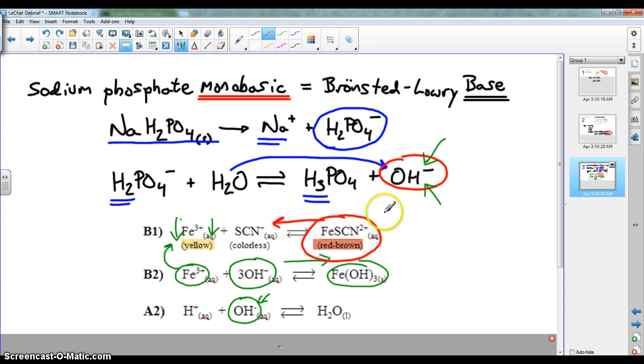So here is a case where we have three different competing equilibria, three things going on because of a change in pH instituted by a Bronsted-Lowry base, a material that absorbs a hydrogen ion from solution, but again, importantly, leaves behind the OH-. And wow, that's confusing, but also kind of cool. Good luck, and I will see you later.